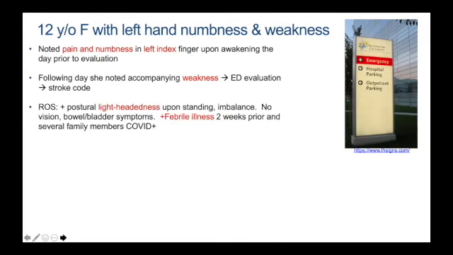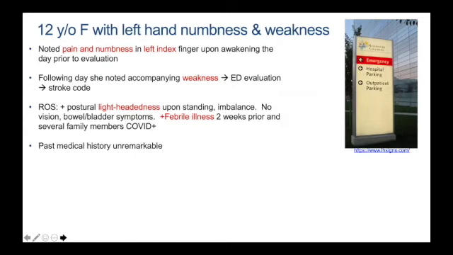On review of systems, she had some associated postural lightheadedness. She did not have any vision or bowel or bladder symptoms, which are important to exclude. She was noted to have a febrile illness 2 weeks prior to this. She was COVID negative, but several family members were COVID positive.